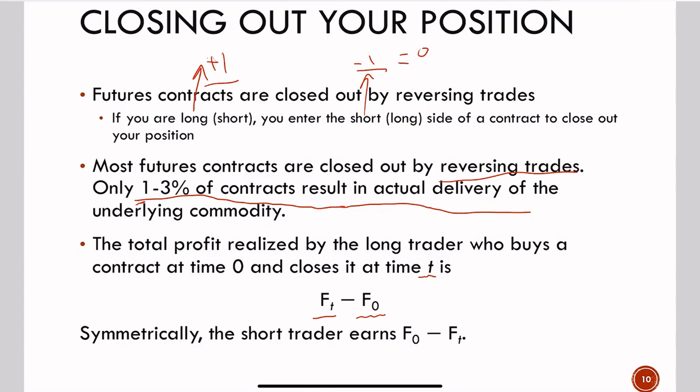Of course, we learned it's a zero-sum game. So if you're on the short side, your profit would be the initial futures price minus the futures price on the day when you exited your position.